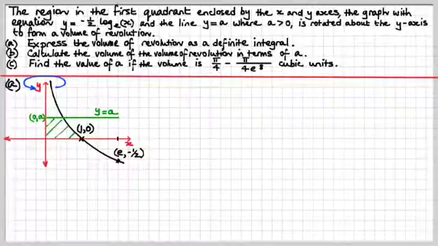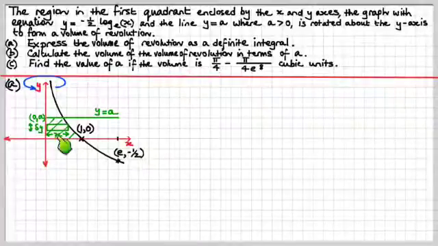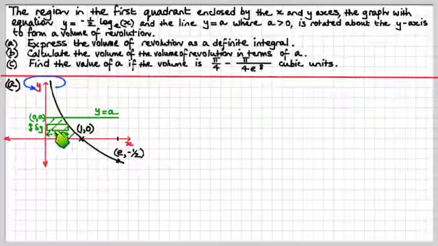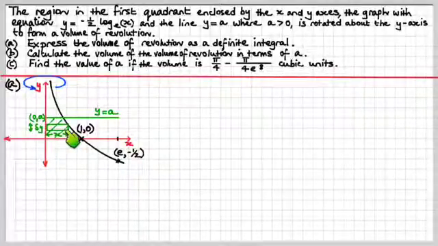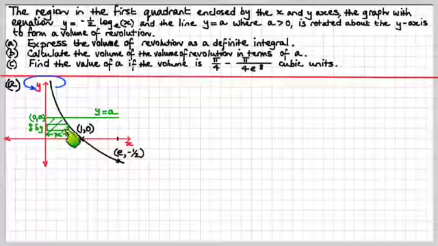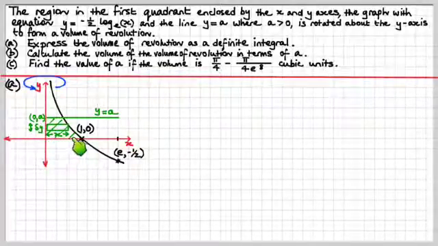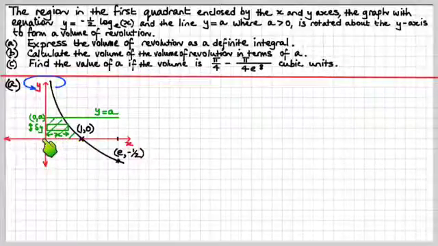In this type of volume of revolution, the little rectangles that we form and integrate as their widths approach 0 have a height that is really the horizontal distance x, and the little widths are the delta y's. There'll be an infinitely large number of those spreading from y is 0 up to y is a.